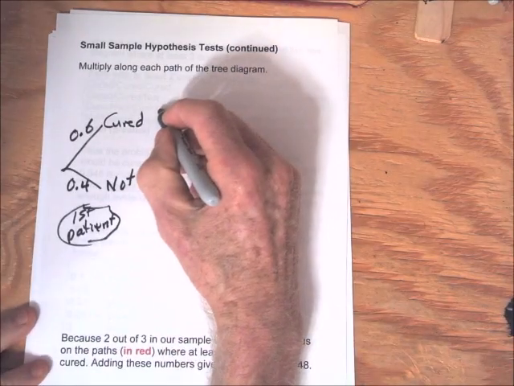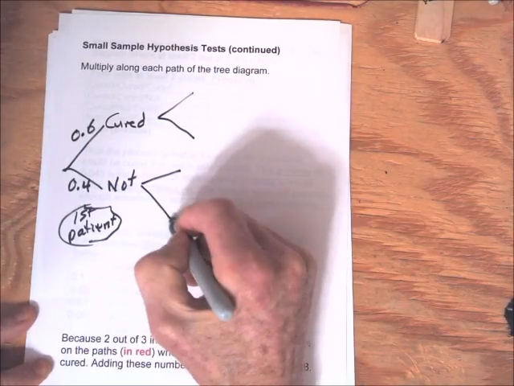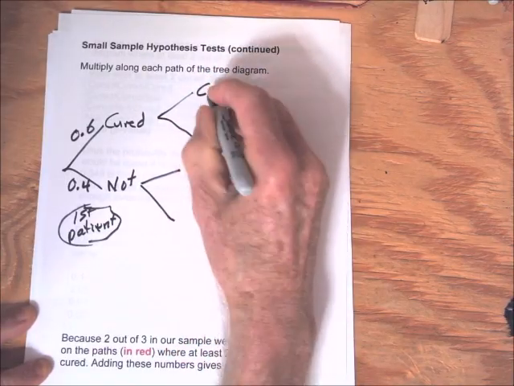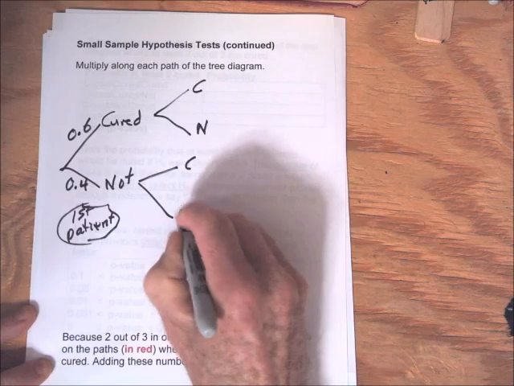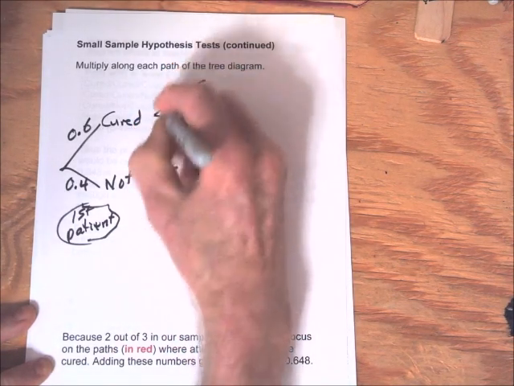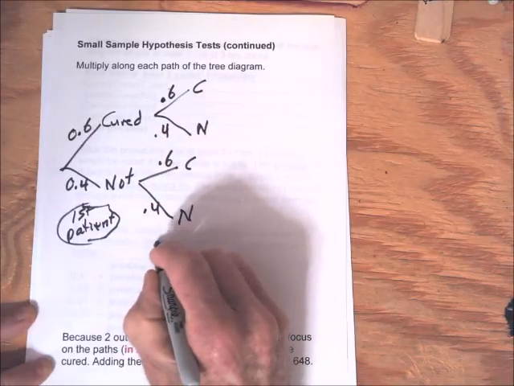And the second patient is also either cured or not cured. I'll just abbreviate this as C and N. The probabilities are the same, 0.6, 0.4, 0.6, 0.4. That's for the second patient.